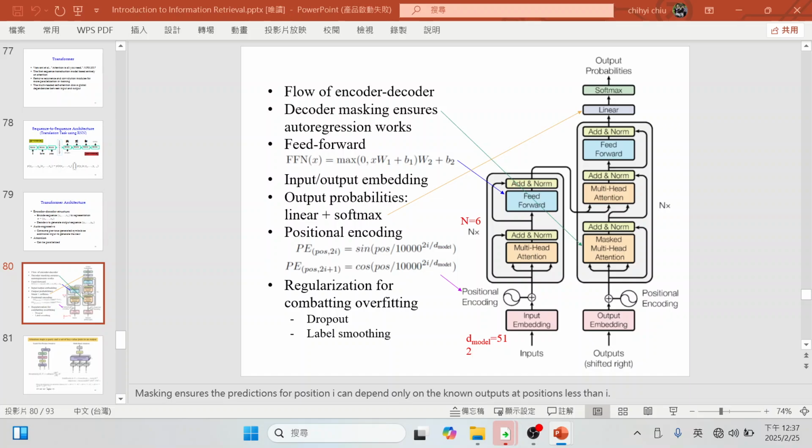But can I use the information for love and you? No, I can't, because they come after your first word, so you cannot use that information. It's the same philosophy: if you want to generate I, you cannot use its next token.